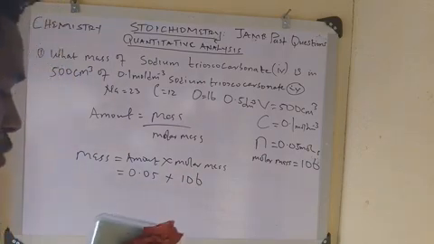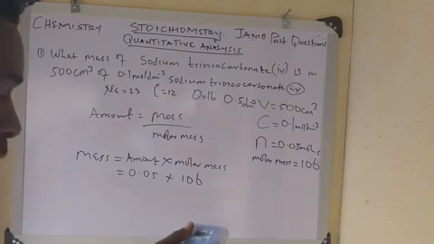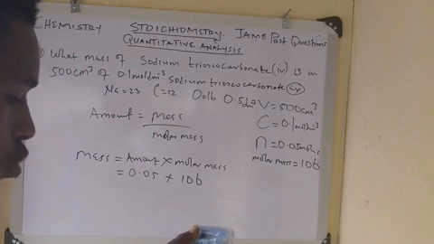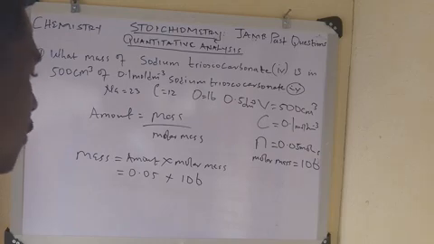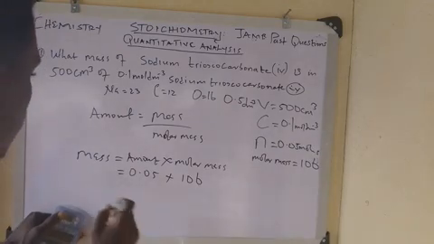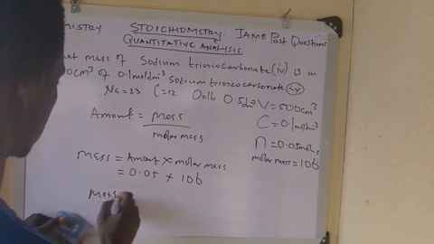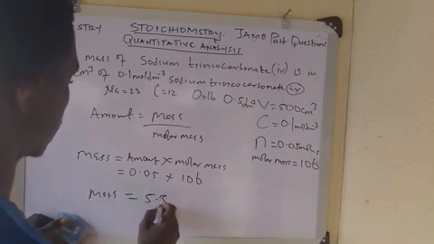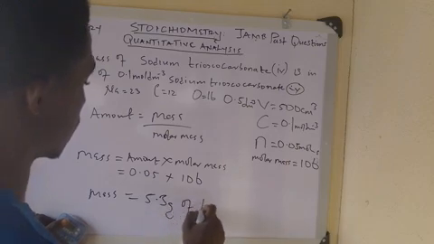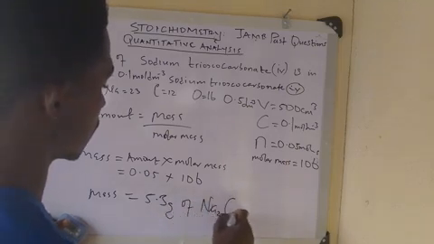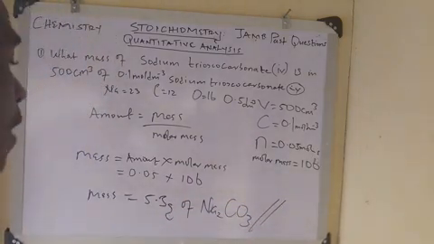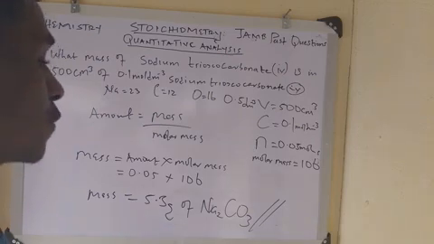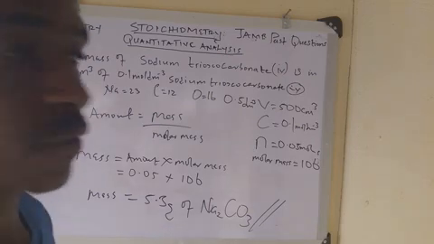So can we multiply this and see what the mass is? 0.05 times 106 is going to give us 5.3 grams. So our answer is 5.3 grams of sodium trioxocarbonate(IV).